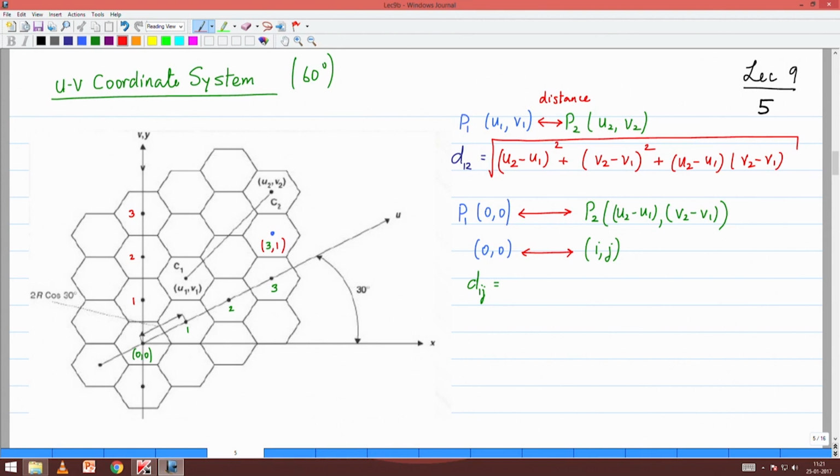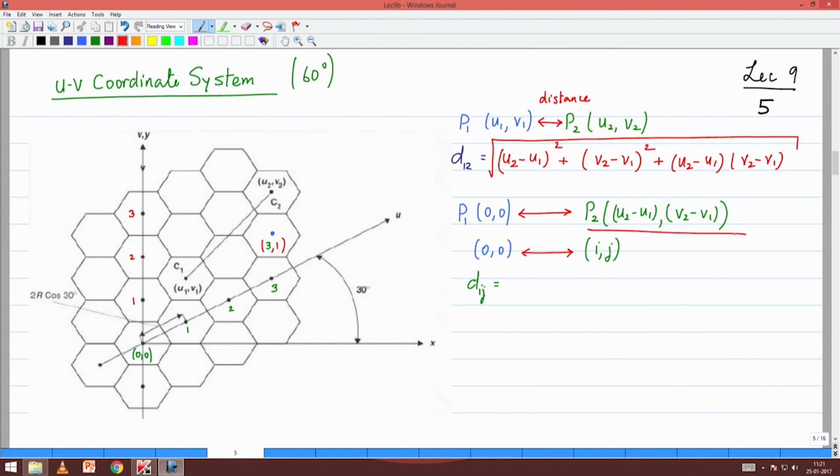Okay. And for ease of calculation, you can always refer your distance computation to the origin. That means if I map P1 to 0, 0, then P2 gets mapped to the point as shown here.